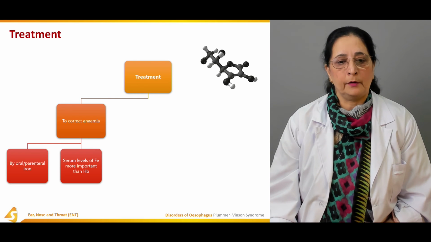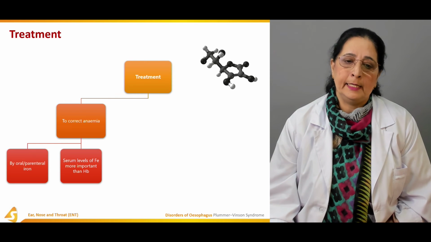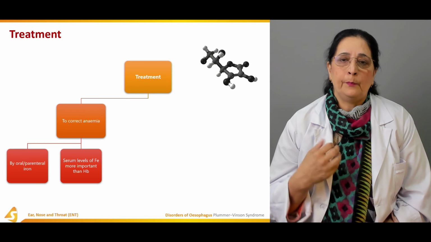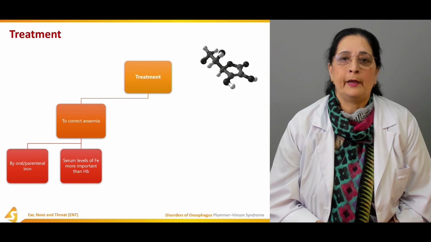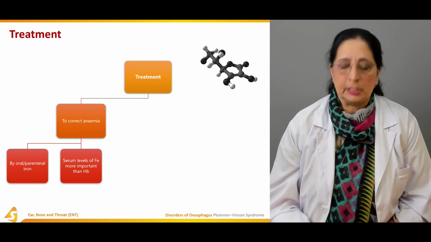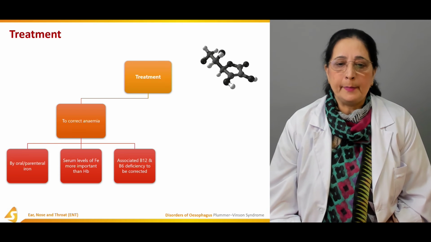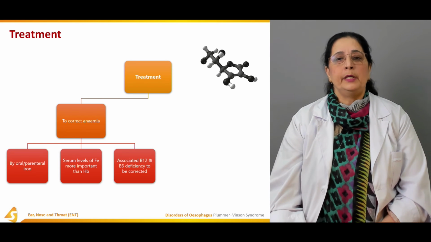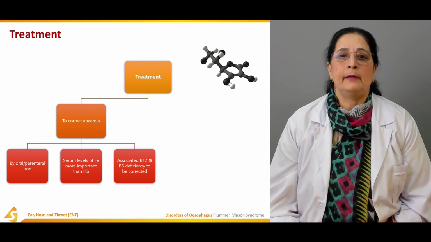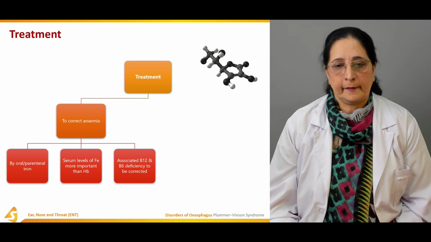Serum level of iron is more important than the hemoglobin. So it's important to find out the serum iron level to find out the deficiency of iron. Associated B12 and B6 should also be monitored and corrected.